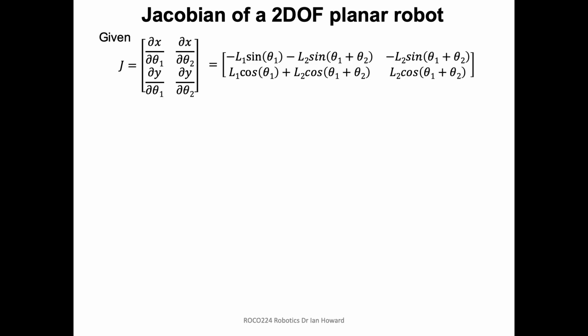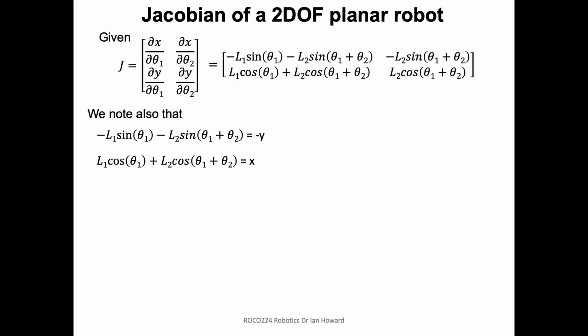So given we've got the Jacobian matrix, we note that, if we want to, we can start substituting stuff back into here, and we notice that the first expression up here, minus L1 sine theta 1 minus L2 sine theta 1 plus theta 2, is actually given by minus y, if we go back to what we had before. And this other expression here, L1 cos theta 1 plus L2 cos theta 1 plus theta 2, is actually given by position x.